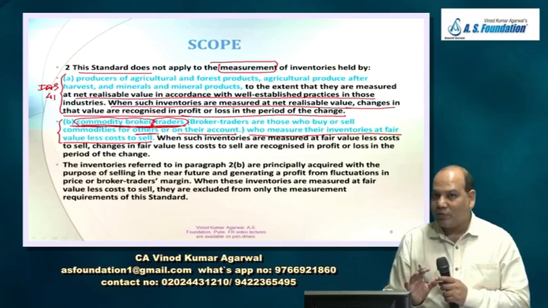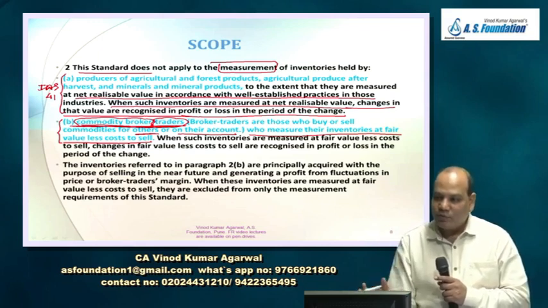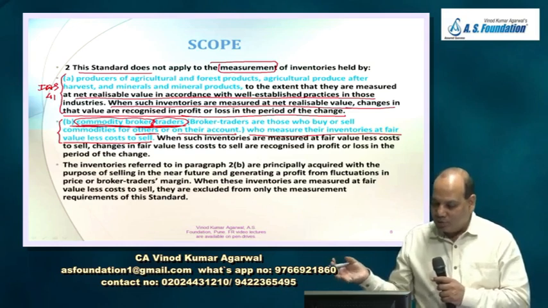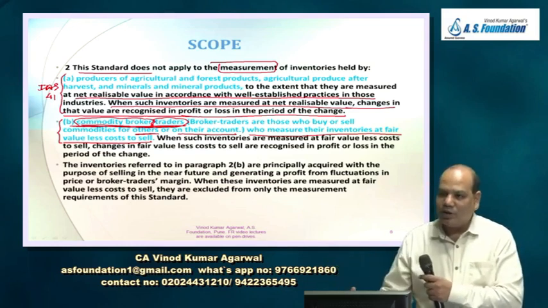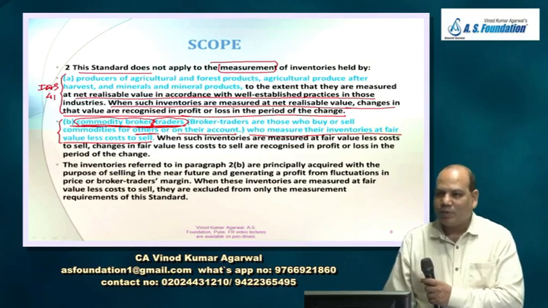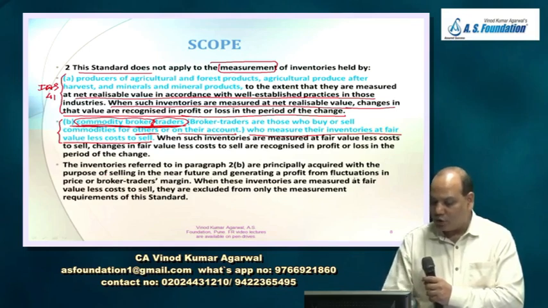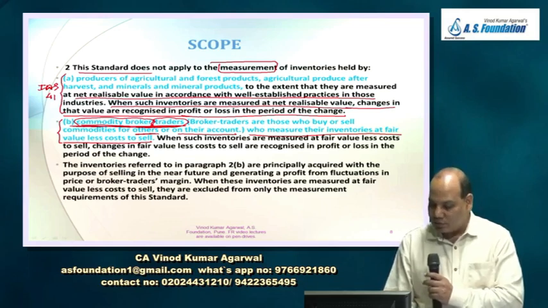They know that the price of sugar is going to rise, the price of wheat is going to rise, pulses are going to rise. So they may store it for some time and then make a huge profit if their expectations come true. So these are principally acquired for selling in the near future and generating a profit from fluctuation in the price or broker-trader's margin.